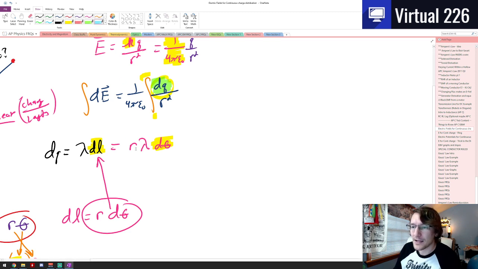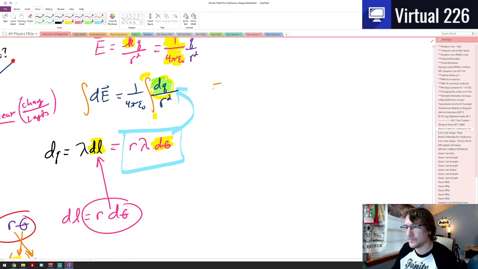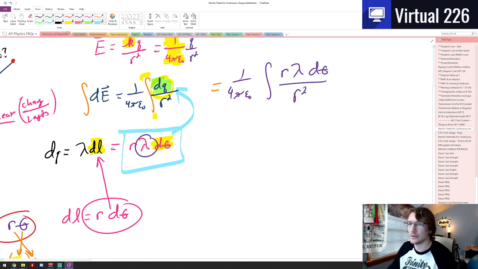So let's take this r lambda d theta and put it in for dq in this integrand. So this is going to equal, and we're going to keep our 1 over 4 pi epsilon naught times the integral of r lambda d theta over r squared.